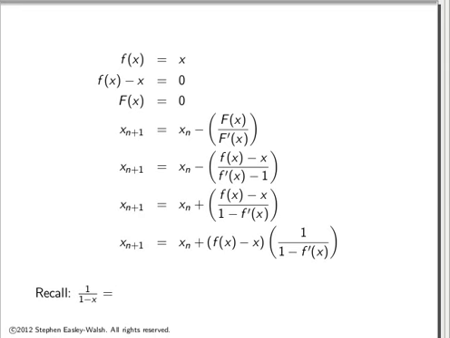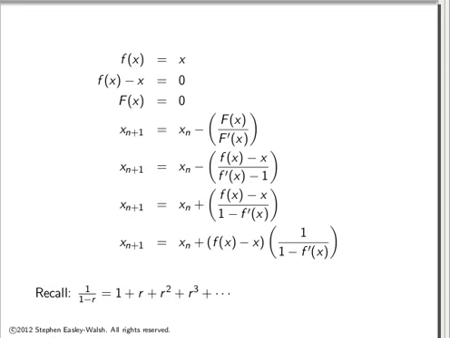Does this formula look familiar? No? Yes? Yeah, geometric, yeah. Maybe if I replaced it with a different letter, like r. So what type of sequence do I have on the right?